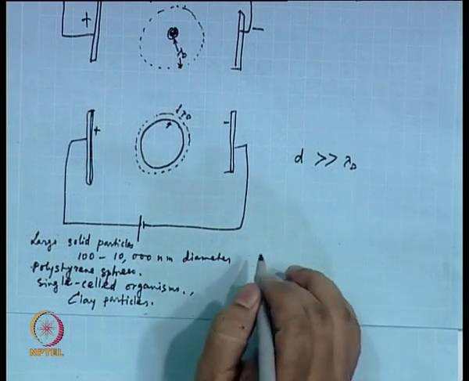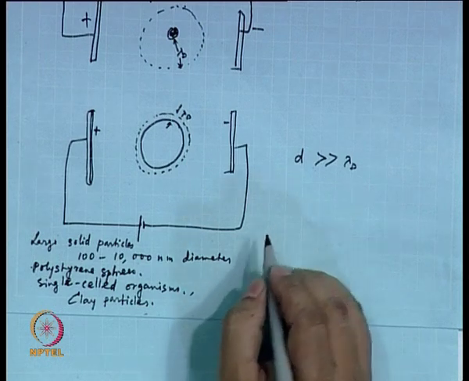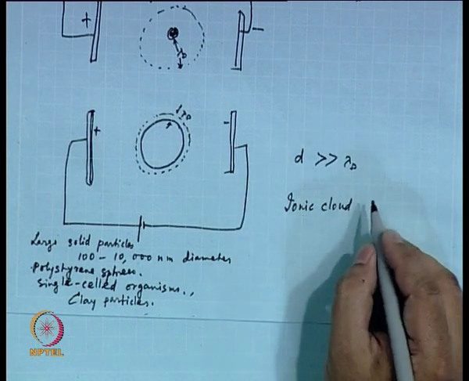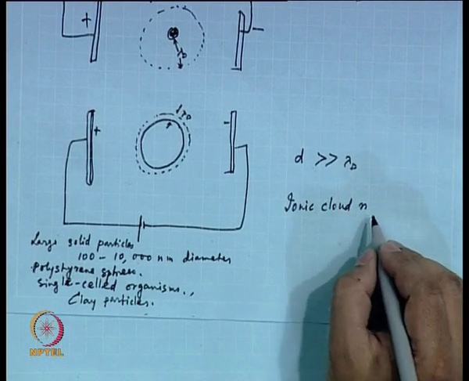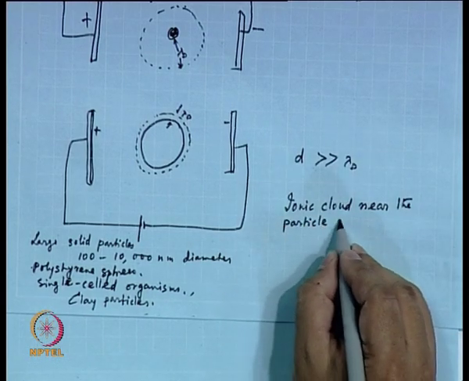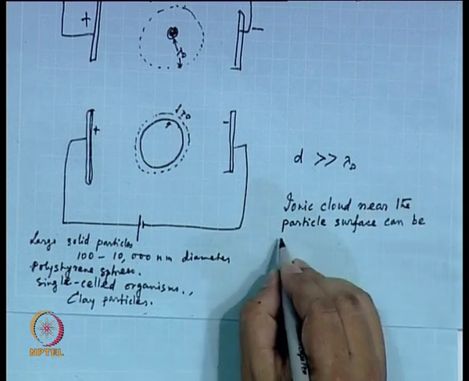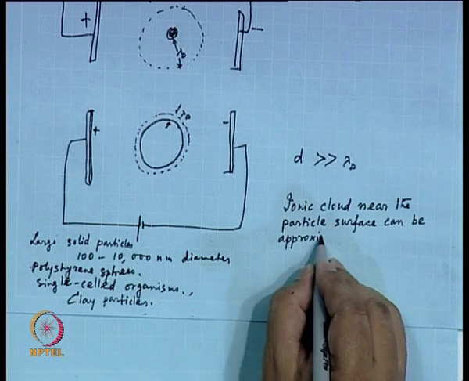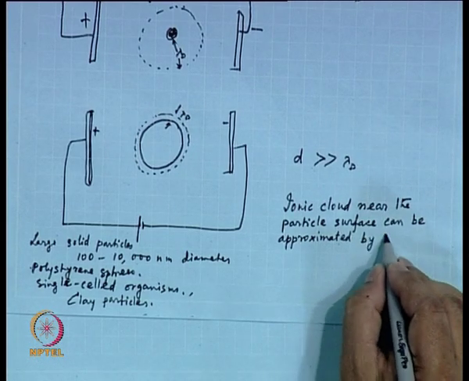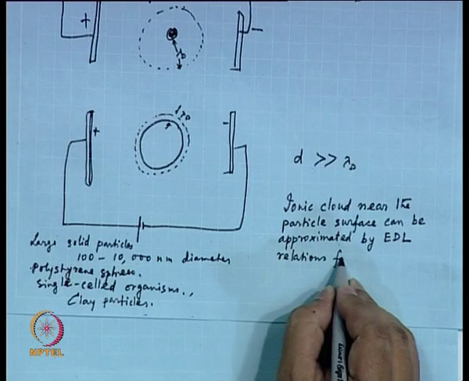In that case, the ionic cloud near the particle surface can be approximated by electric double layer relations for a flat plate.